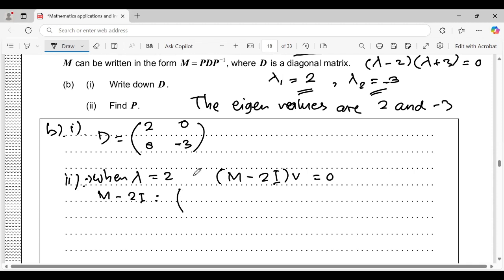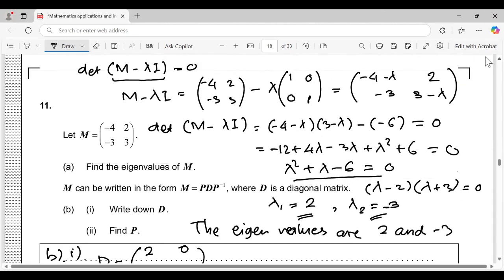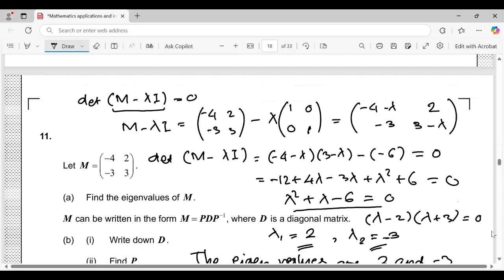just now the matrix: minus 4 minus 2, this is minus 3, this is 2, 3 minus 2, because lambda is minus 4 minus lambda, based on this calculation.